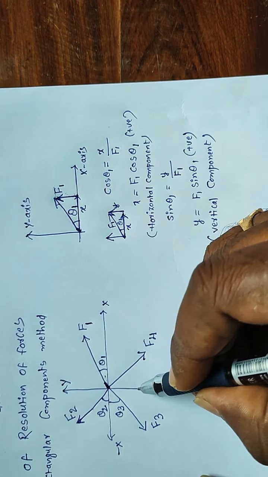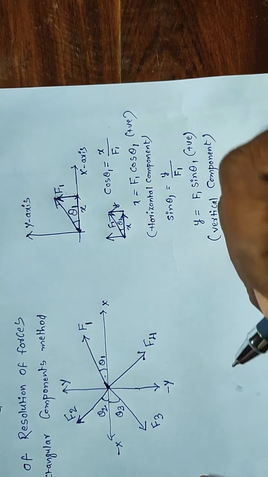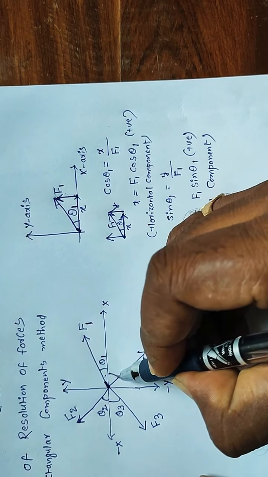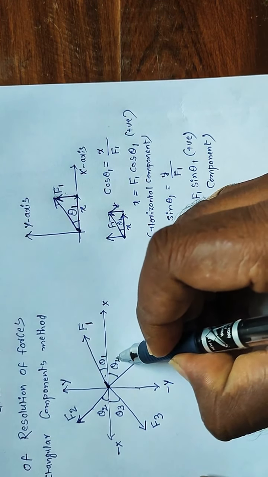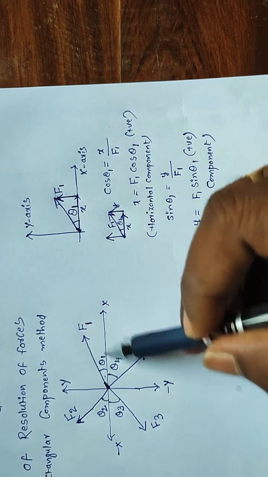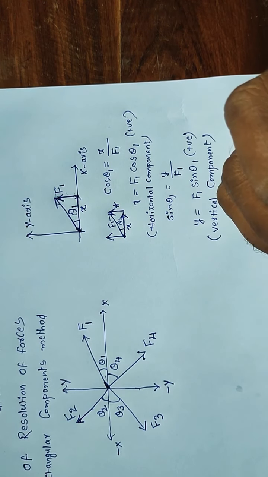Upward direction is positive y-axis, and the negative direction is negative y. F4 is making an angle theta 4 with the x-axis. So here we are assuming all these forces are making angles theta 1, theta 2, theta 3, theta 4 with the x-axis.